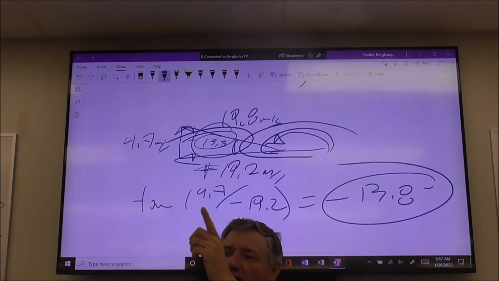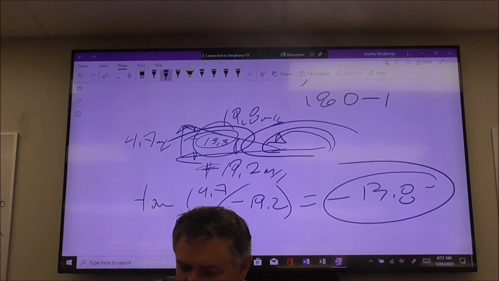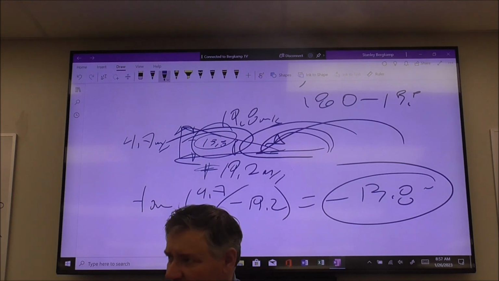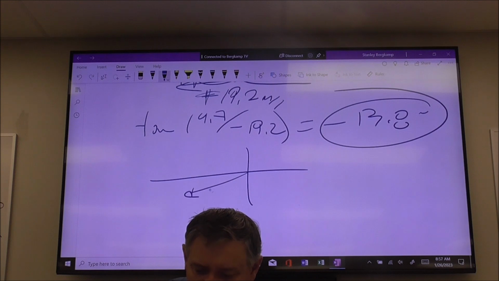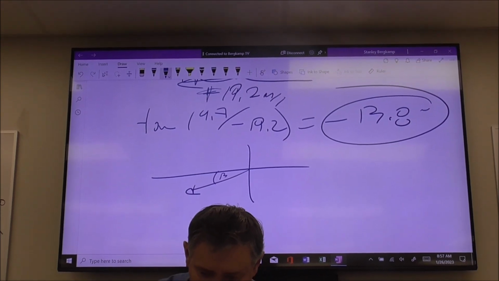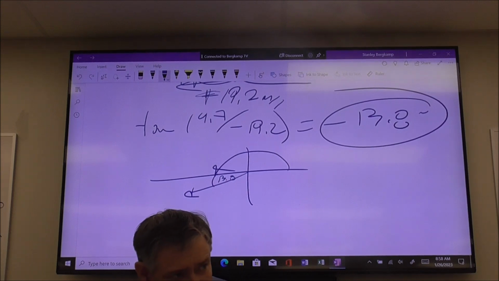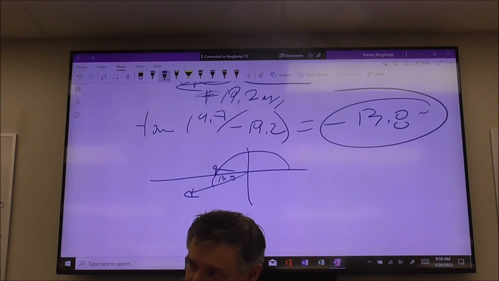Subtract 13.8 from 180. Yeah, I'm going to take 180 minus 13.8 degrees, and then I'm going to get that other angle. If it had been in that third quadrant, I would add 180 degrees to it. So this is why you want to make a sketch.